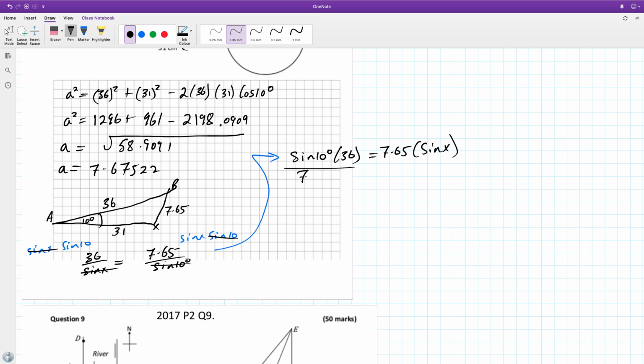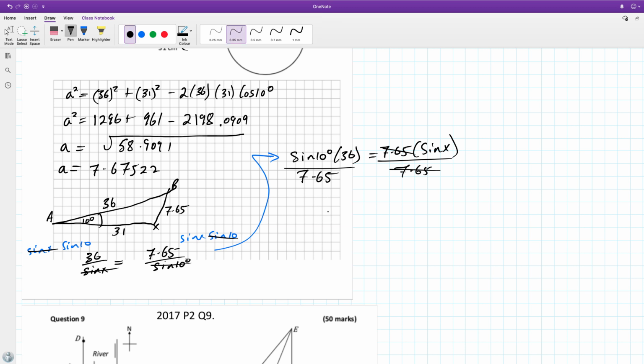Divide both sides by 7.65. So sine of 10 times 36 divided by 7.65.